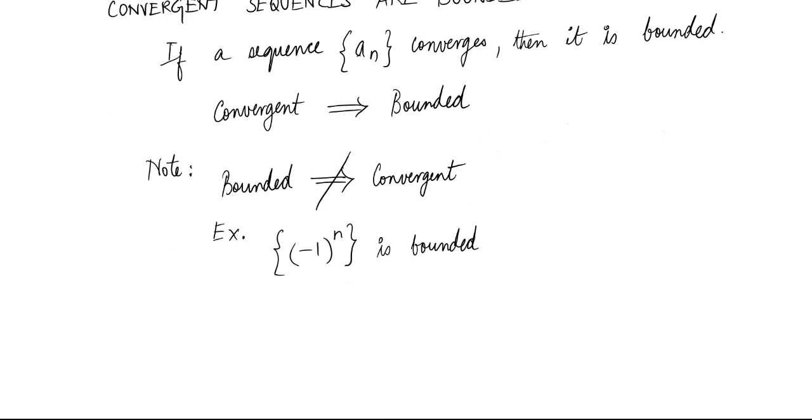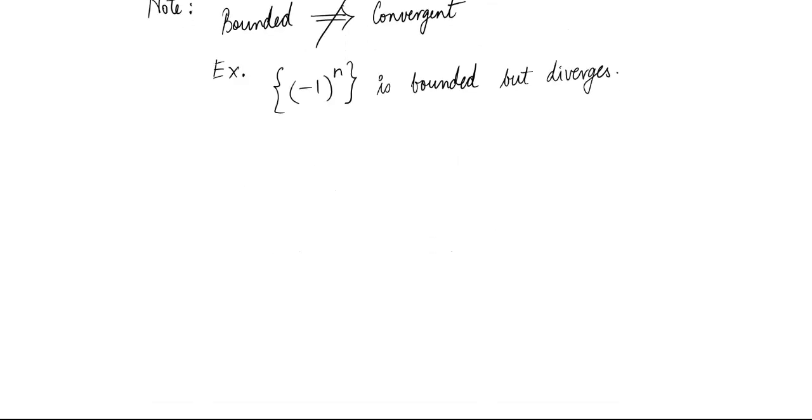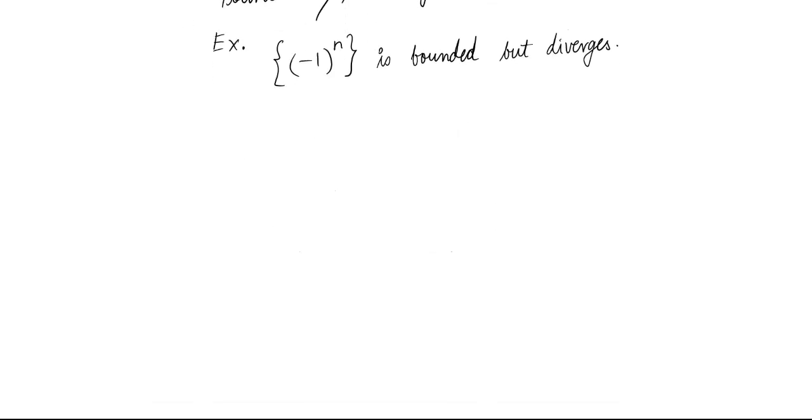But because it is bouncing around between -1 and 1, it is not convergent. So this sequence is bounded, but divergent. That's why we say bounded does not imply convergent. However, convergence implies boundedness. So here's the definition. Let's write this down.